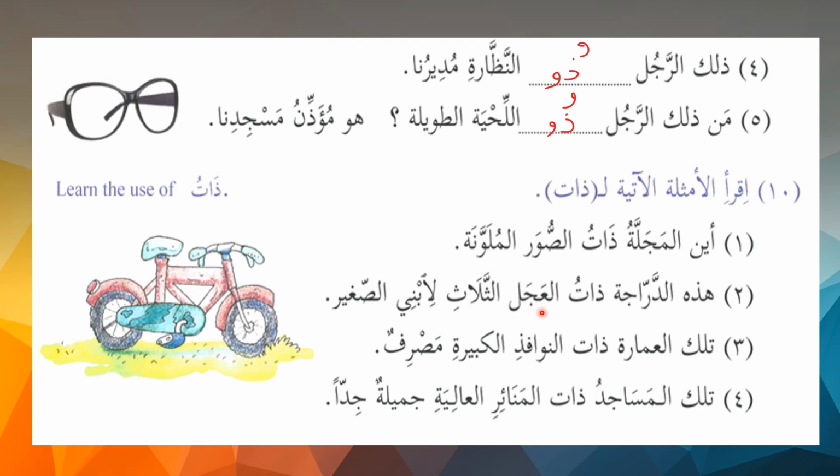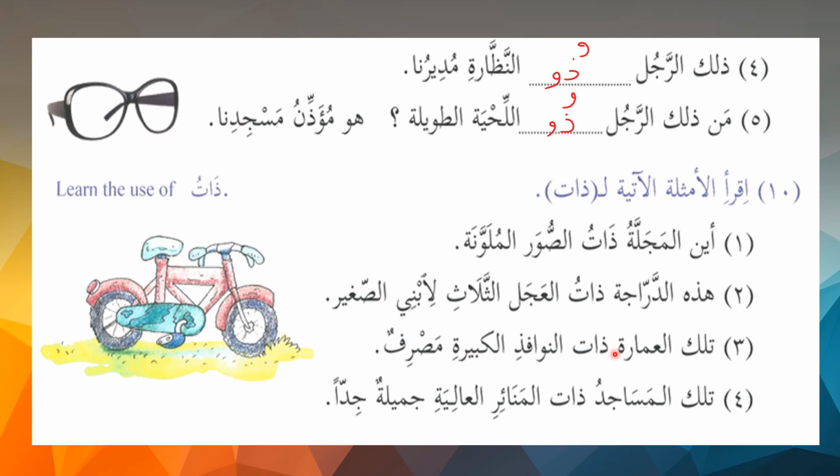Ajal means the wheel. ذات العجل الثلاثة means having 3 wheels. لابني الصغير is for my small son, I mean the youngest son. تلك العمارة ذات النوافذ الكبيرة مصرف. تلك العمارة means that imara, that building. Dhatu means having, an-nawafidh, so having the windows, big windows, al-kabirati.